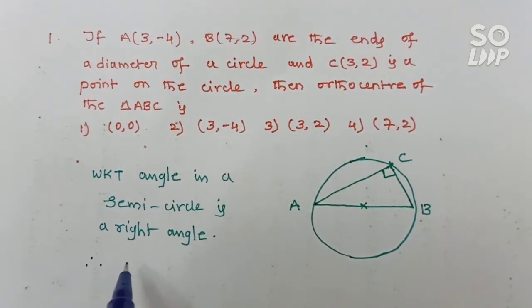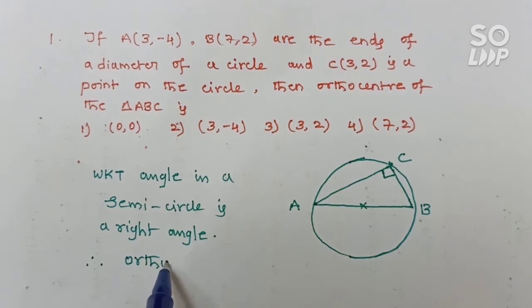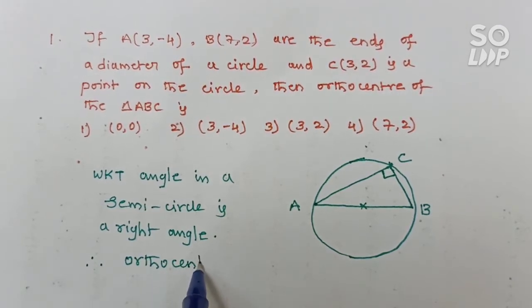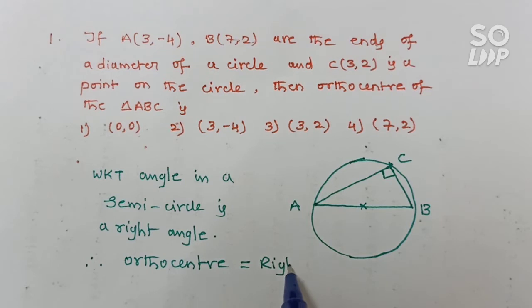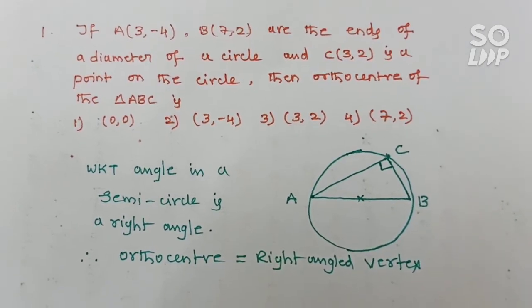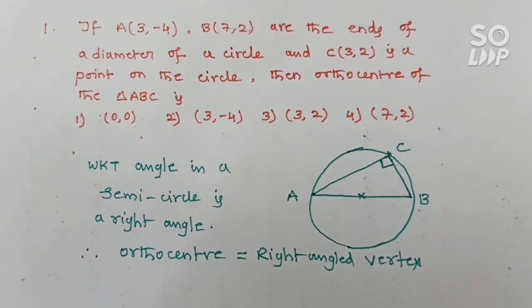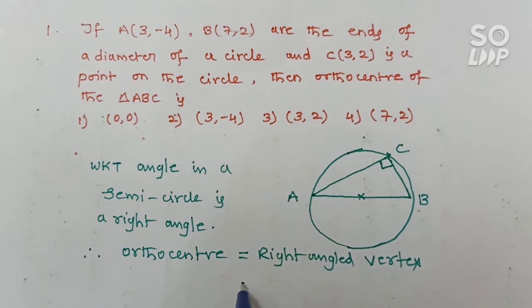Therefore, ortho center is equal to the right angled vertex. Right? So this one we already discussed in the previous video. So what is the correct answer?